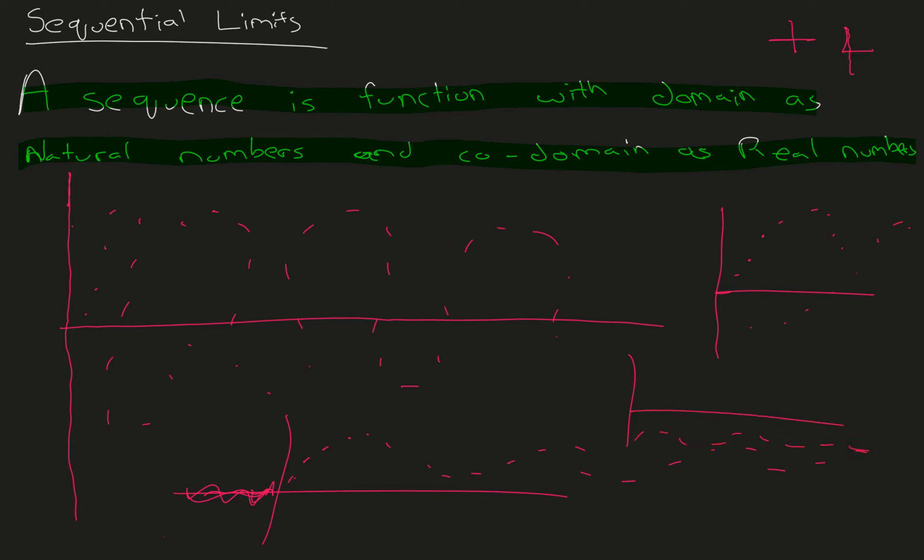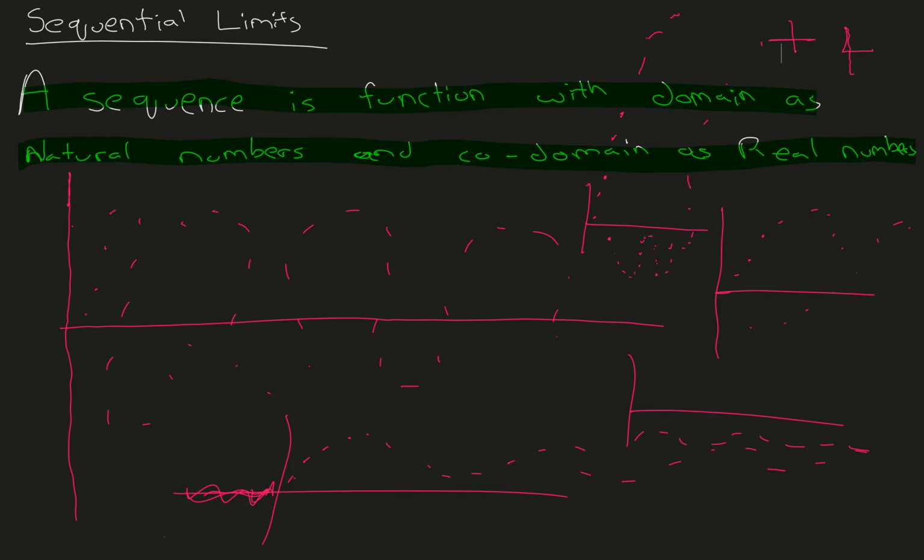So a sequence is any set of numbers; it's not a must that they have to be ordered. They can go all the way to, for example, a million and drop back to -1, continue this way and go back up again. So a sequence is any set of numbers with the domain as the natural numbers and the codomain, where they spit out, is actually the real numbers.